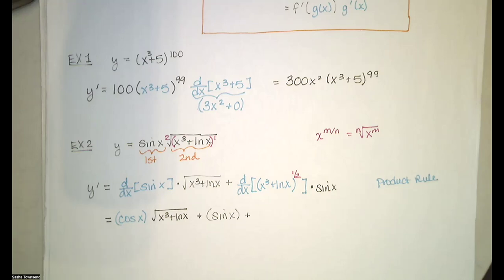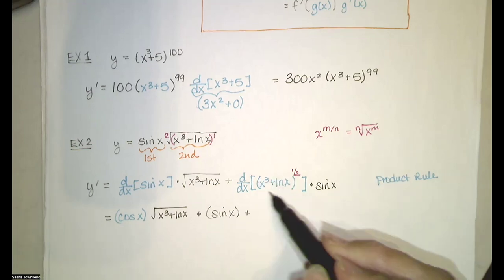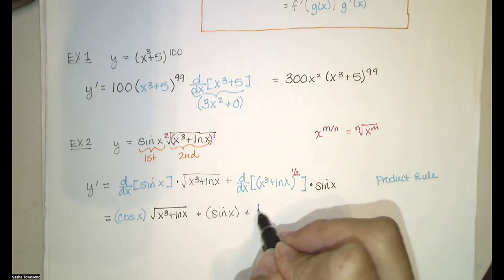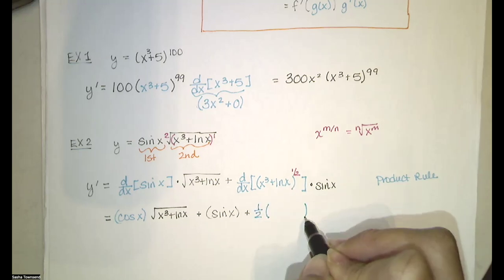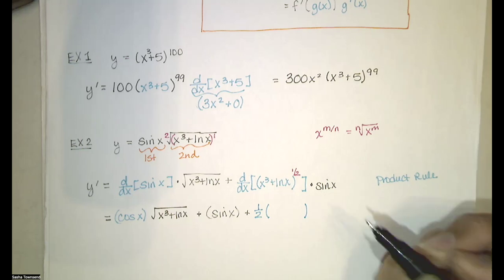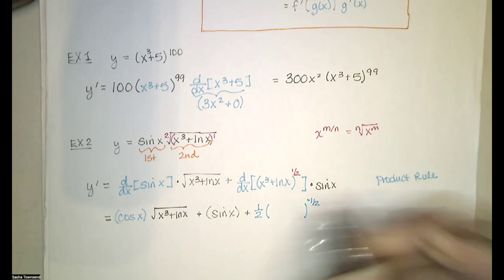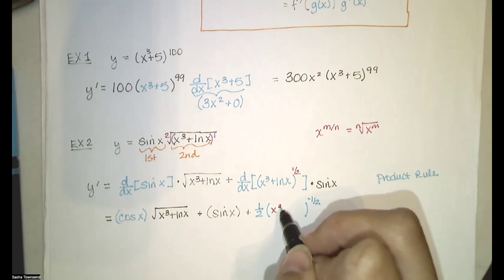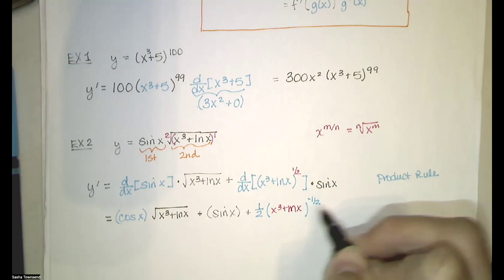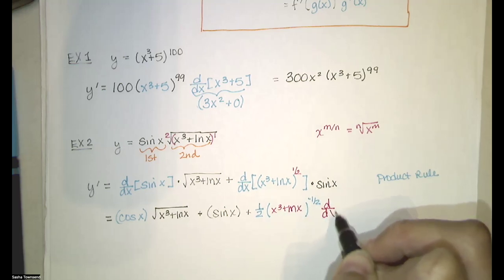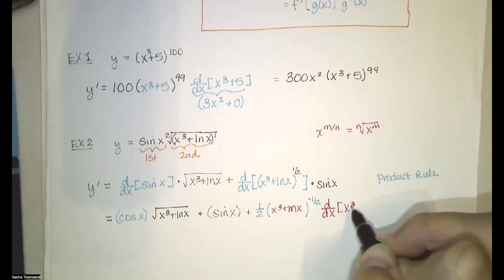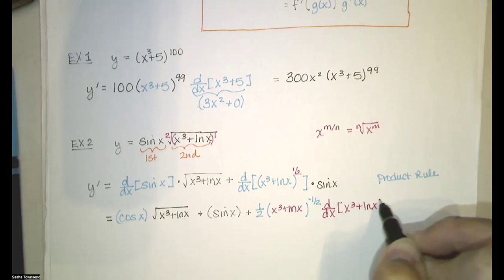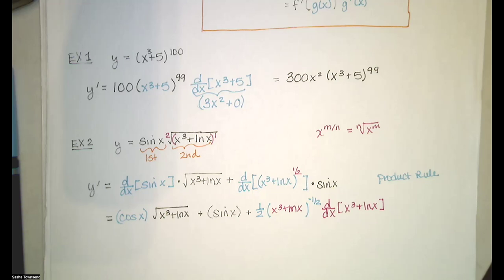So the derivative of a function raised to the 1/2 power is 1/2 of that function raised to the 1/2 minus 1. 1/2 minus 1 is negative 1/2. Then you want to put the inside function back inside. And then multiply by the derivative of the inside function by the chain rule. And I think I made a mistake here. I wrote a plus sign when I should have written multiplication.